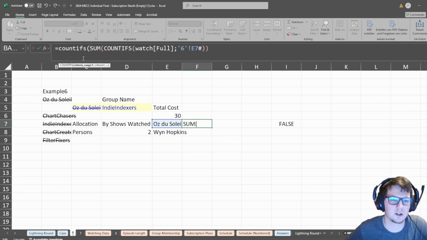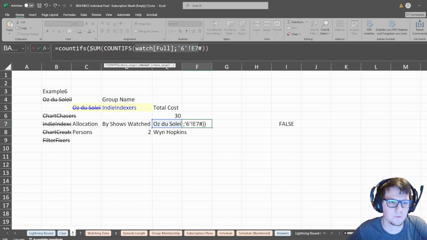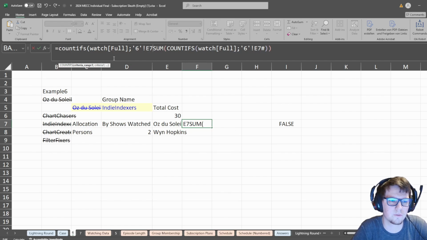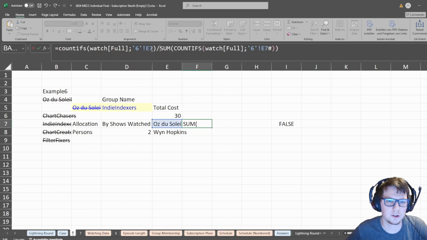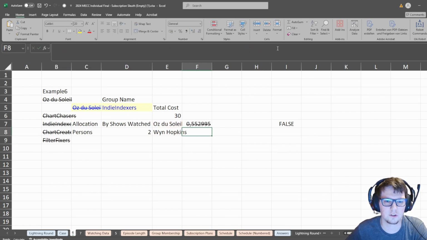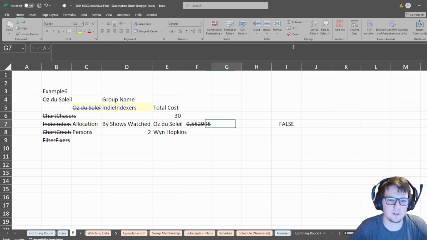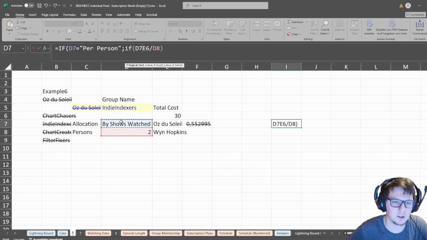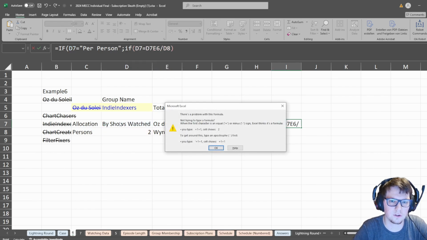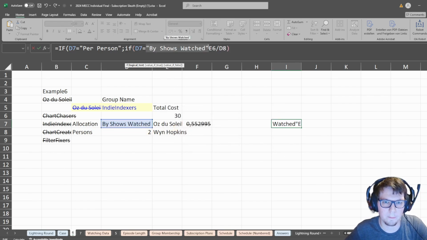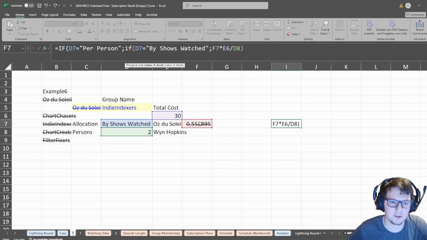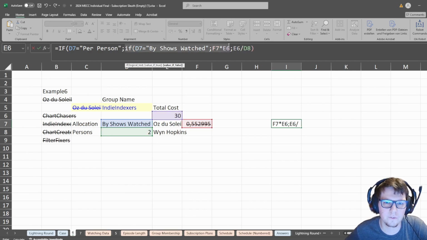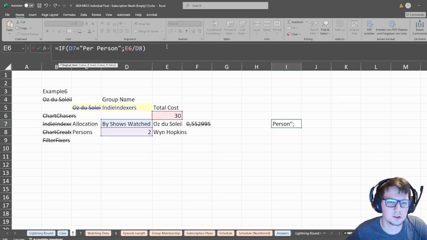And yeah, let's do another COUNTIFS, and divide this by right here, but we do not want E7, we want to take this from right here. And now if this right here is equal to by shows watched, take this times this, but of course this should go in the value if false.